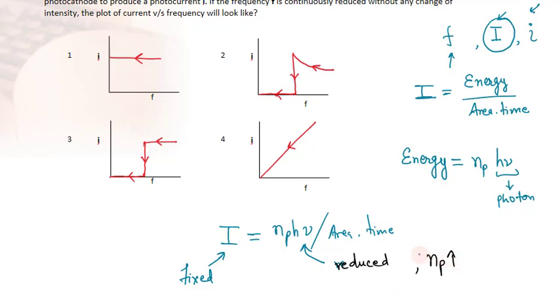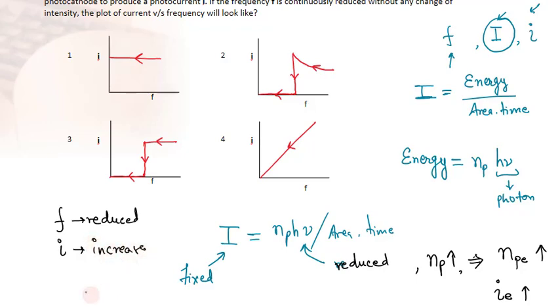If Np, the number of photons, increases, then the number of primary electrons emitted when light of energy h nu falls on the material will increase. If the number of primary electrons increases, then the current due to those electrons will increase. So the conclusion is, if f is reduced, then current should increase.